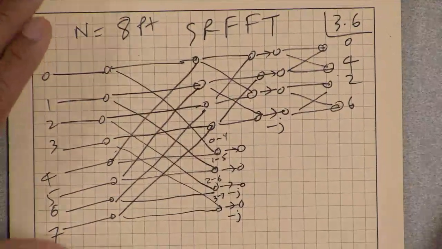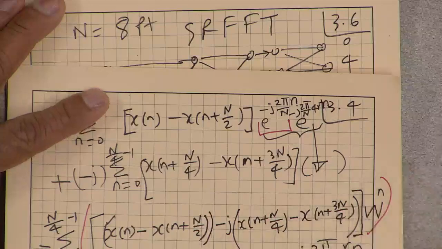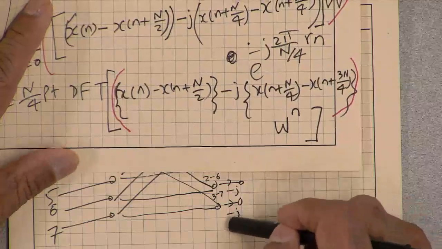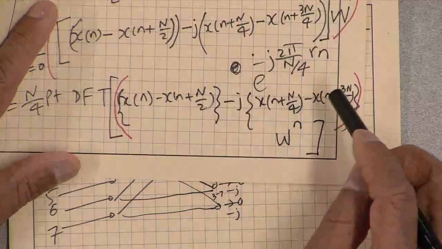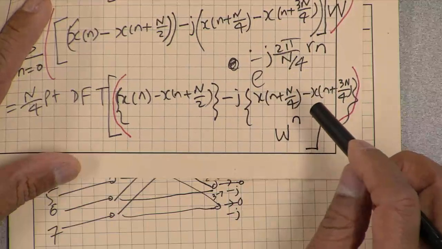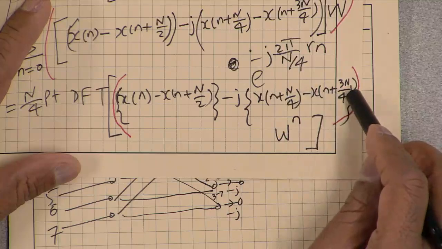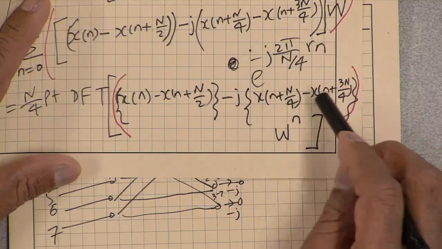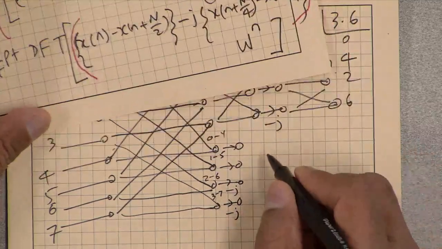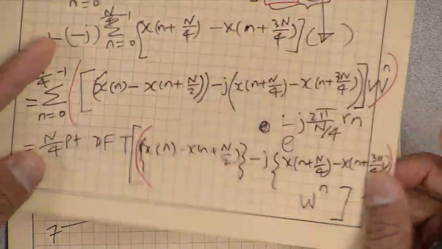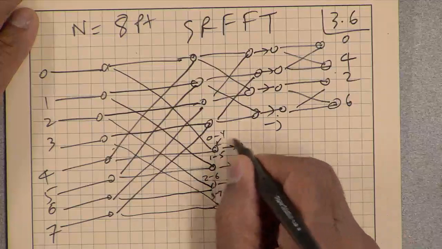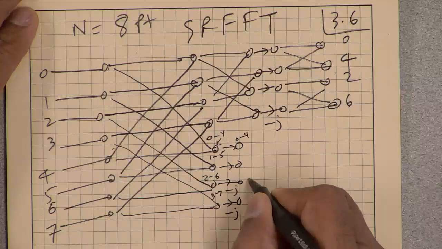Okay, so now what are we going to do? So this is going to be 0 minus 4. I already have that minus j here. So plus, excuse me, 2 minus 6. So n is 0, 2 minus 6. Okay, this is 0 minus 4, and then 2 minus 6.